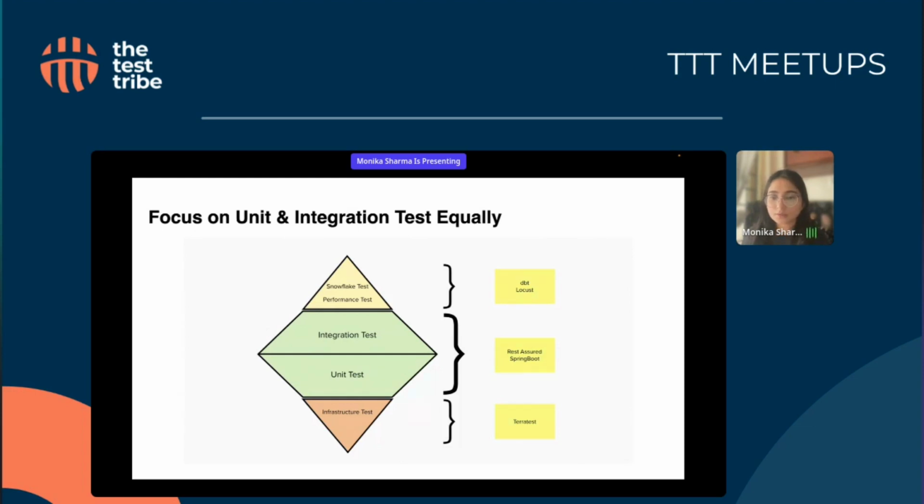That deployment repo will have the infrastructure tests written by the DevOps engineers and the developers. So that will be covered as part of the infrastructure test, which I have written below. And at the top, I have mentioned the performance test and the Snowflake test. With the Snowflake test, I'm going to check the connectivity, what data is coming in and out of Snowflake, and again the performance as well.